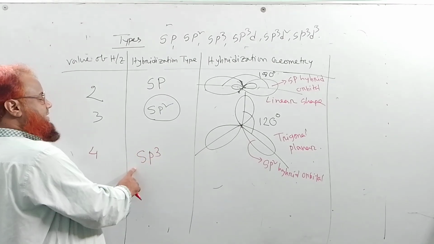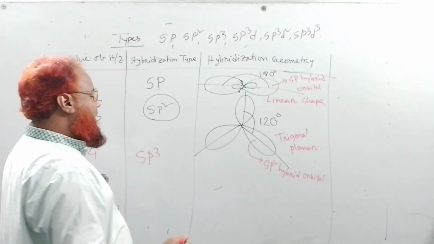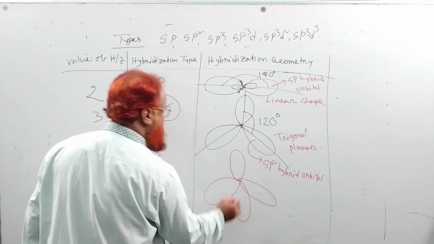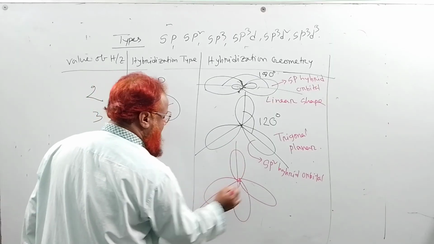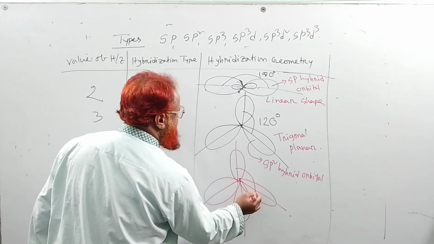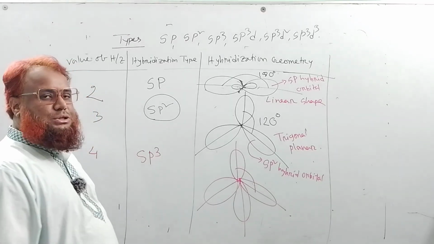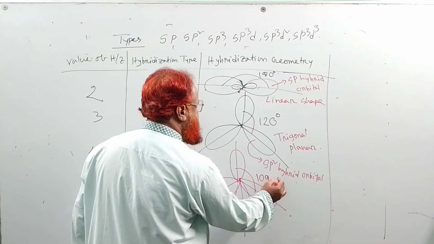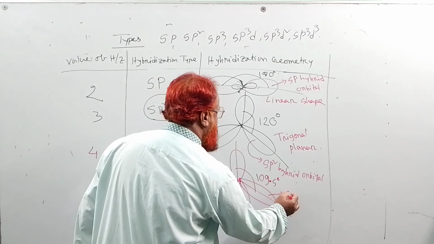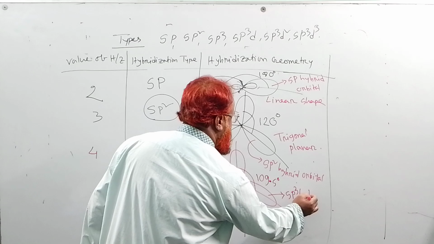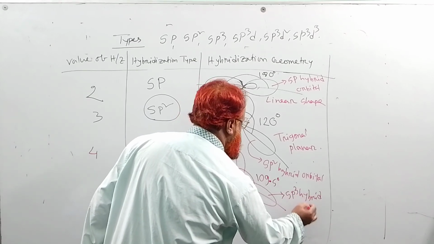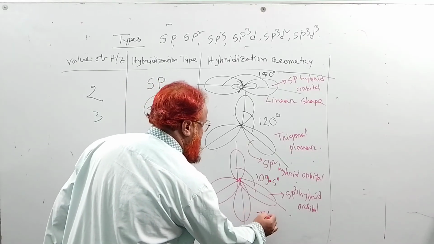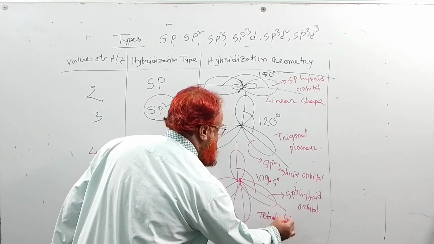So, very simple, 1s and 3p will intermix together and we will get 4 hybrid orbitals like this, and here the arrangement is tetrahedral shape, and the bond angle is what? 109.5 degree, and the hybrid orbital's name is what? sp3 hybrid orbital, and the shape is what? Tetrahedral shape.